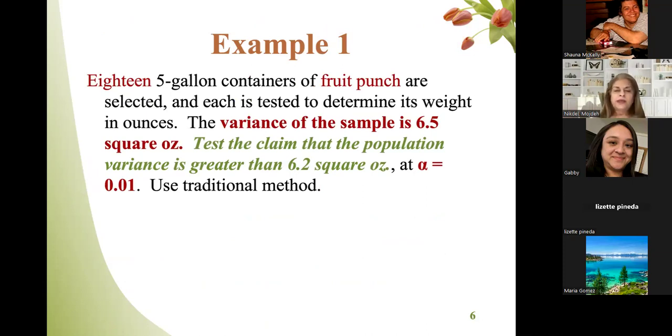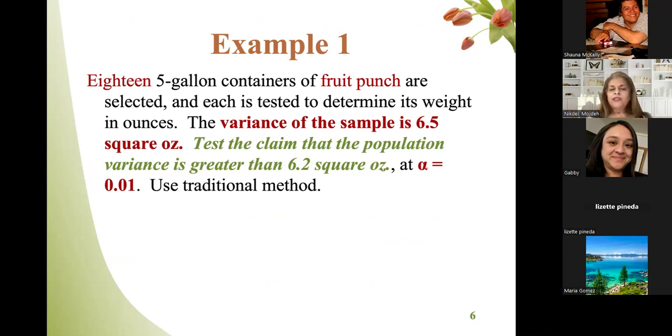Let's look at an example. 18 5-gallon containers of fruit punch are selected, and each is tested to determine its weight in ounces. The variance of the sample is 6.5 square ounces.